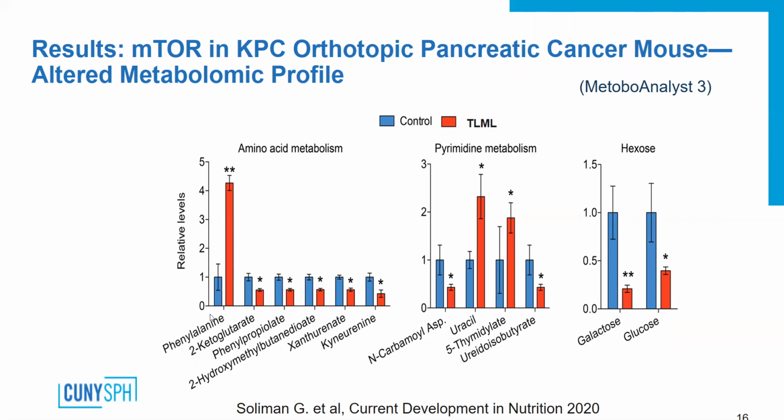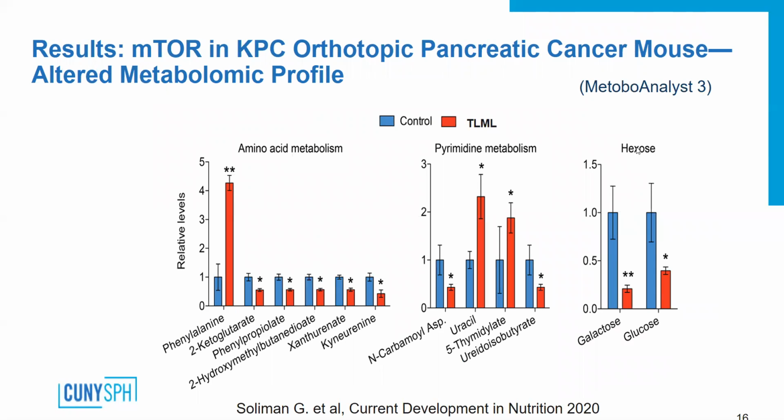And there is also increase in the nucleotide metabolism in pyrimidine, and uracil was significantly increased with the combination treatment of taurine-2 and metformin.